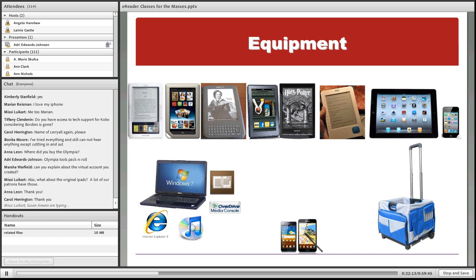So we've worked with our email administrator to create basically a list or an alias that emails everyone in the department to keep everyone on track and know what's going on. So if there's ever any issues with the devices, we all get the emails about software updates and everything like that. So does that answer your question about the virtual account?